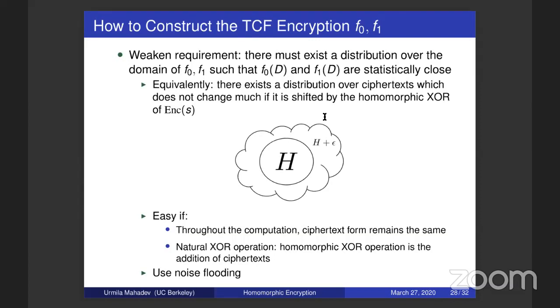Noise flooding is one way to get circuit privacy, right? There are a few other ways to do it, some even nice and algebraic actually. And the reason these don't work is because of the superposition requirement.